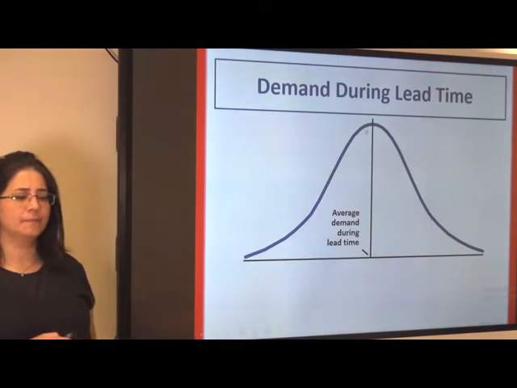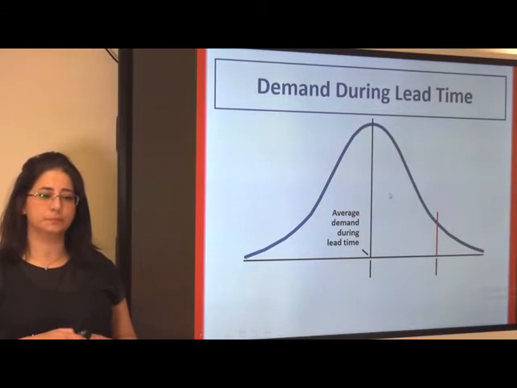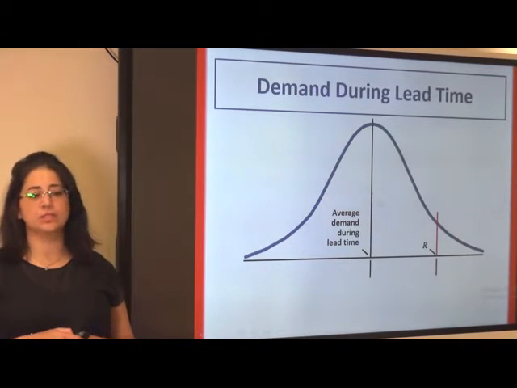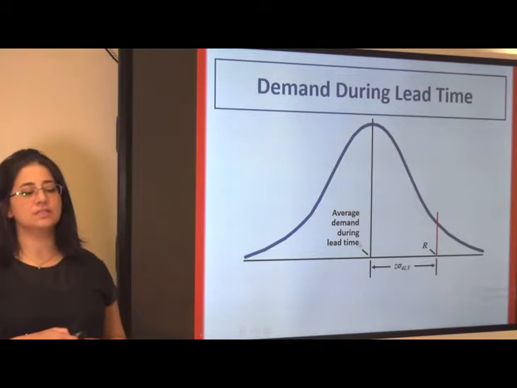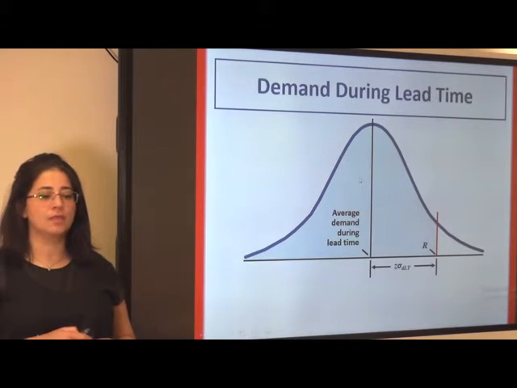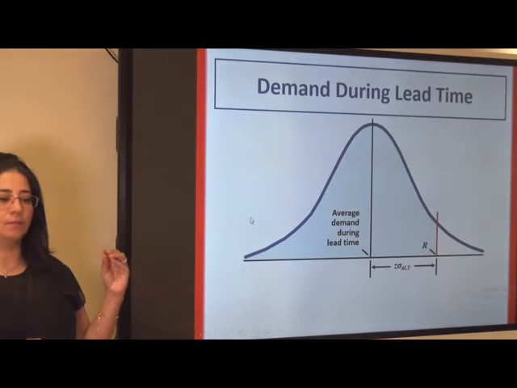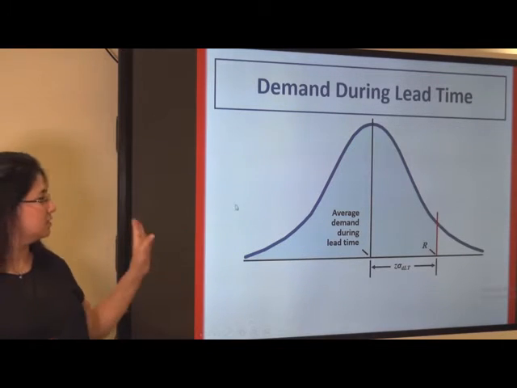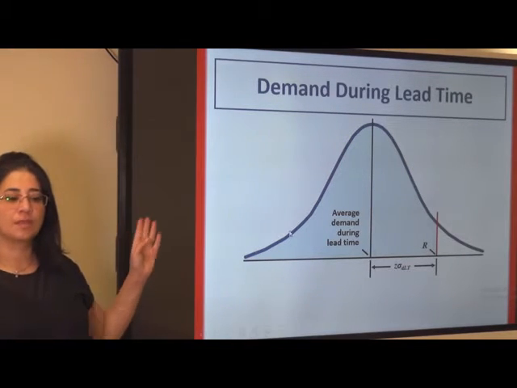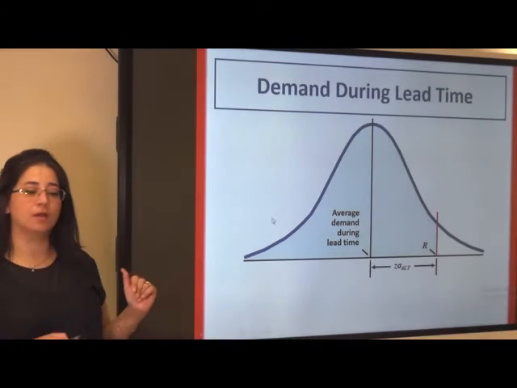Now, here I am plotting the probability distribution of demand during lead time. The average is demand multiplied by lead time, and there is the sigma of demand during lead time. The probability that the demand during lead time will be less than the mean is 50%. The mean is the average demand during lead time, which is the pipeline.